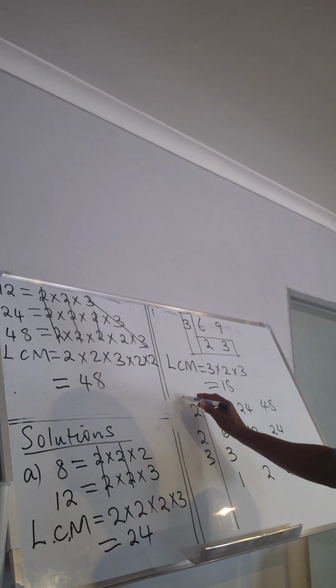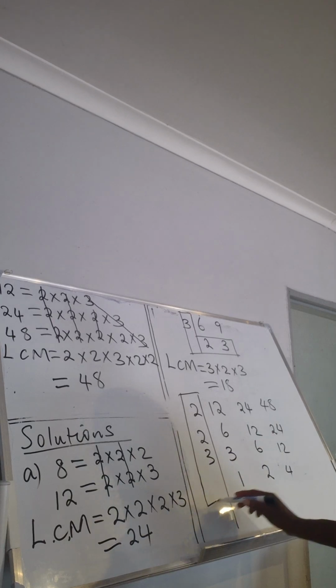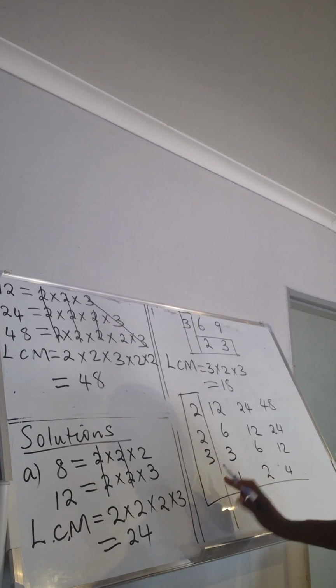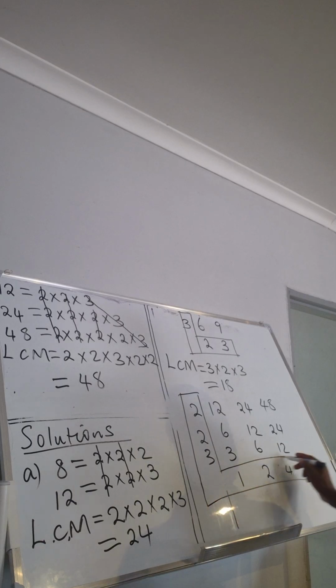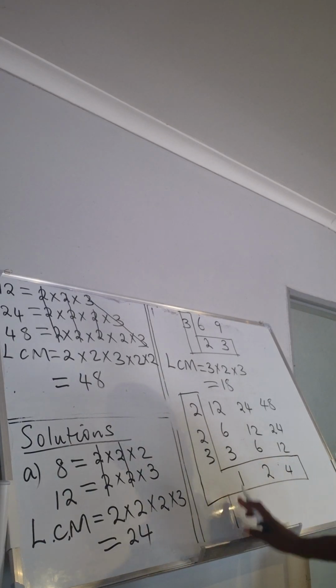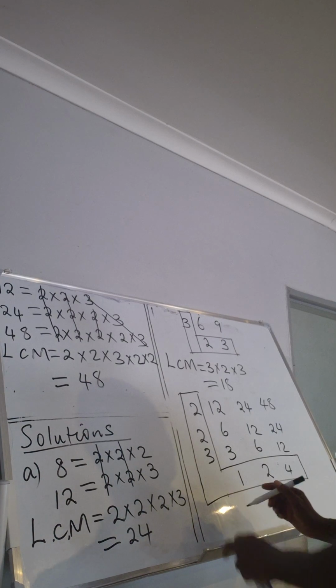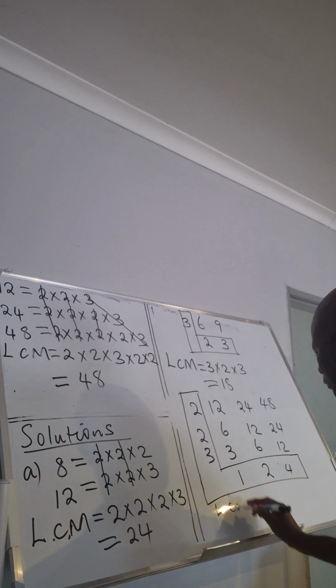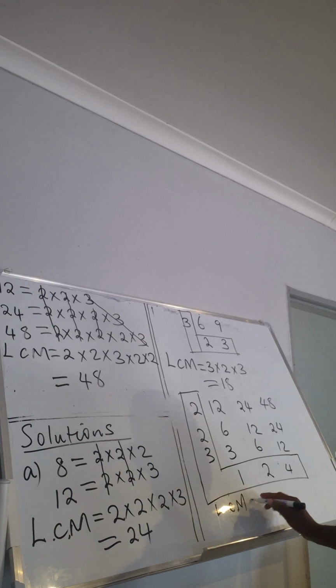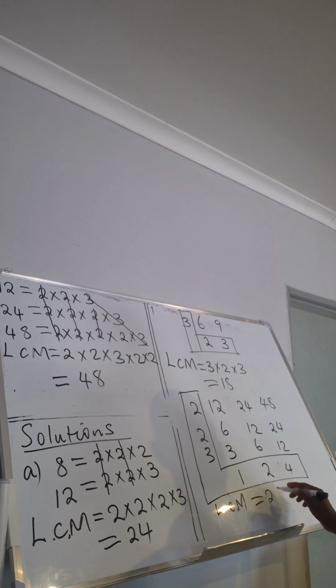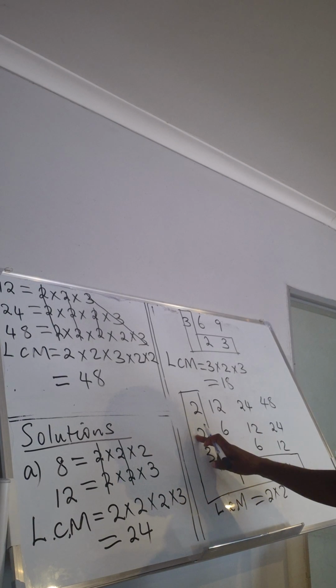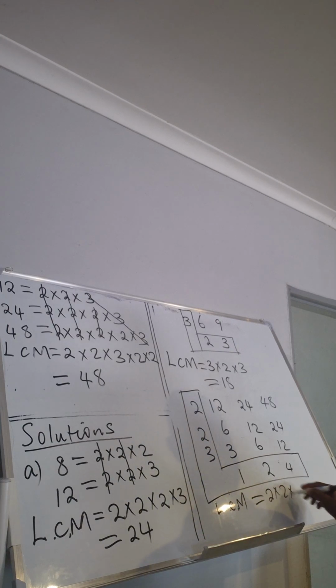So you can form your L, like that. That is your L. So multiply the numbers in the L. So your lowest common multiple is now equal to 2 times 2, this 2 times that 2 times the 3.